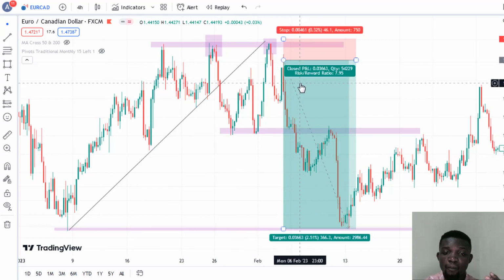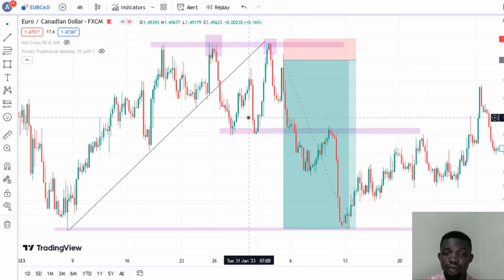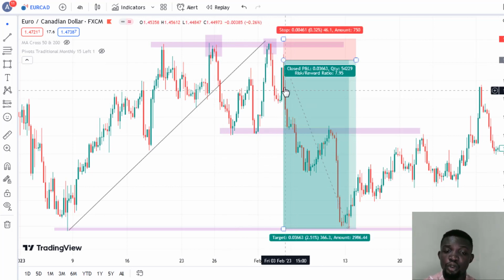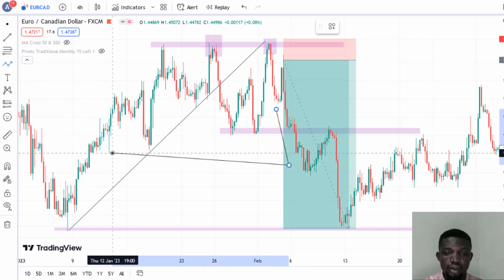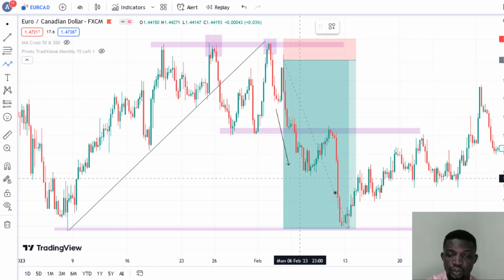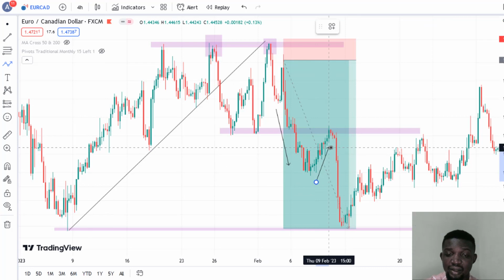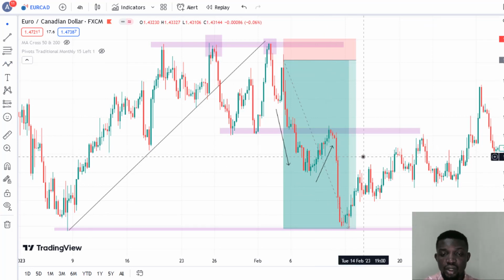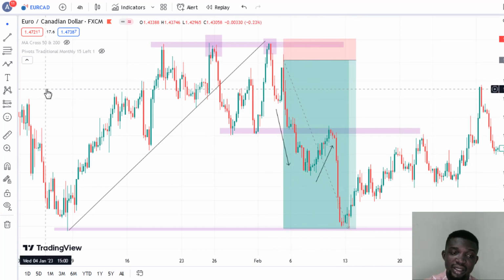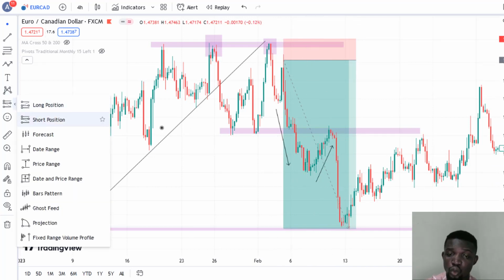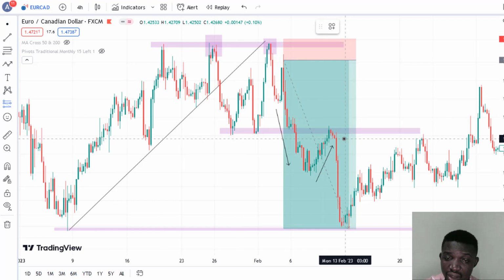Then the standard way of entering this kind of double top market is for you to wait for that retest. You wait for the break of the neckline, wait for that retest of the neckline, just like this. Then we have the break here. Also, you wait for that retest here. As you can see, we had the break of the neckline, we had the retest of the neckline, and after the retest, you watch out for the reversal candlestick.